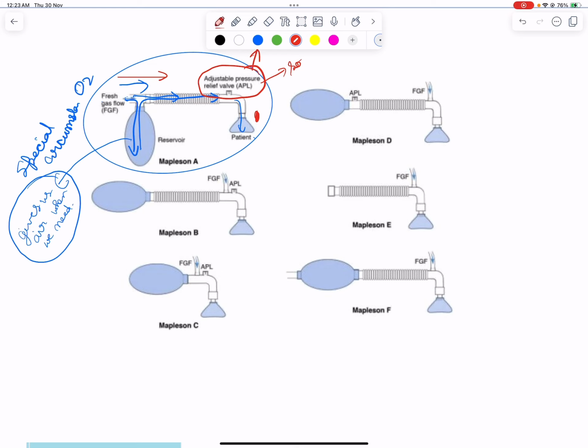So when the initial Mapleson was being devised, there was not much advancement in techniques and all. So this fresh gas flow that was there, it used to be intermittent, and they were not able to maintain it continuously.